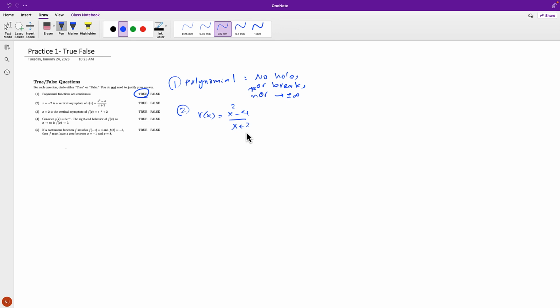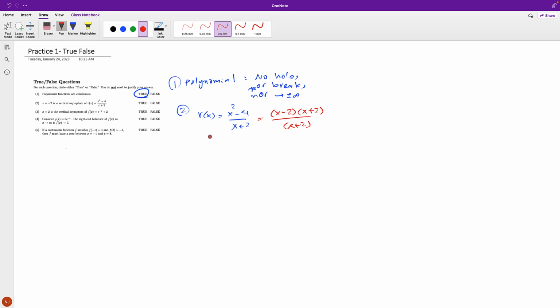But before finding the zero of the denominator, make sure that you cannot simplify this. And you can simplify this, because x squared minus 4 factors into x minus 2 times x plus 2, over x plus 2.